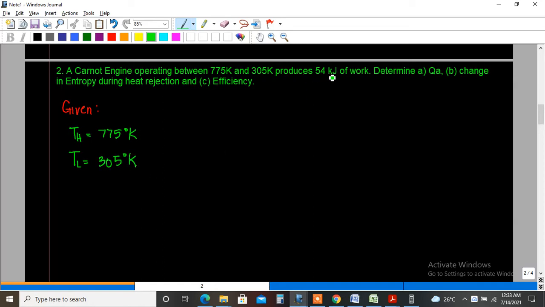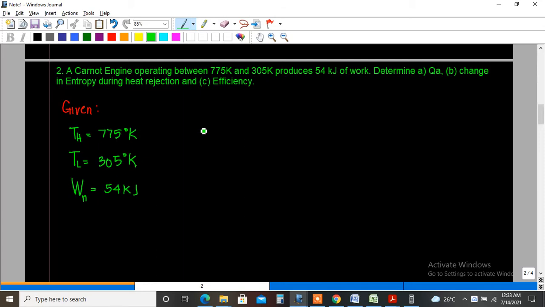It produces a work of 54, so work is equal to 54 kilojoules. So this is work net. Okay. So determine the QA.